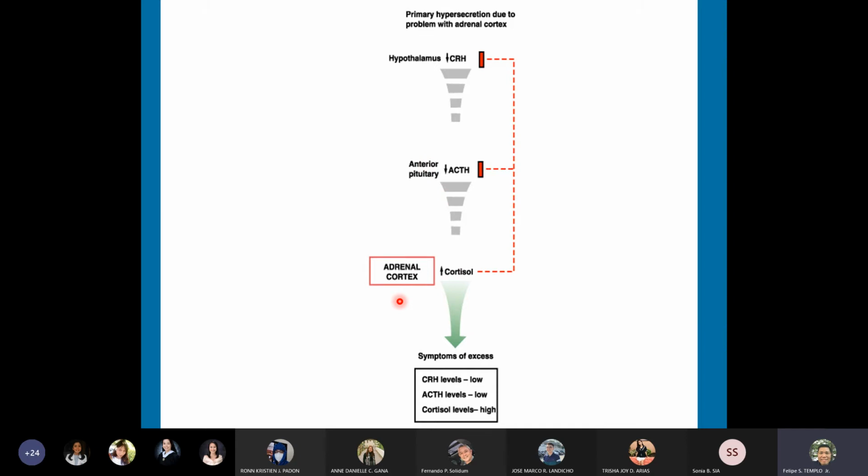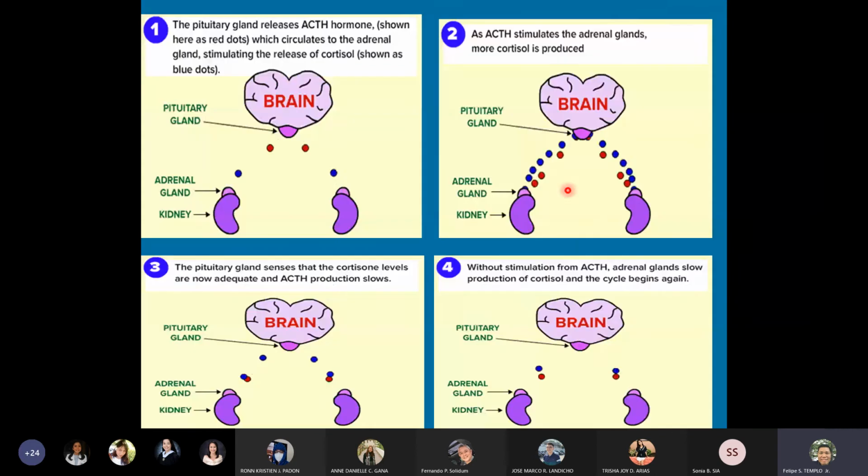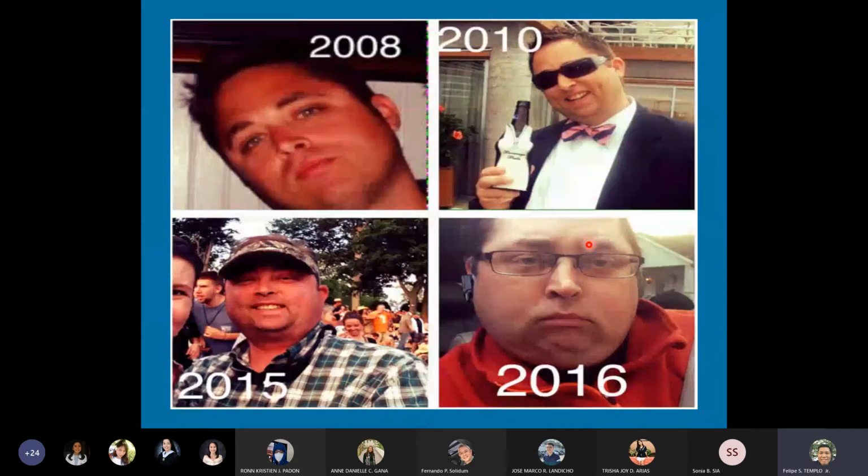They can send negative feedback, but even if they send negative feedback, actually there is no effect because the tumor has a mind of its own. So they can send feedback, but the CRH level, even if low, will not change it. So this is the summary of that.